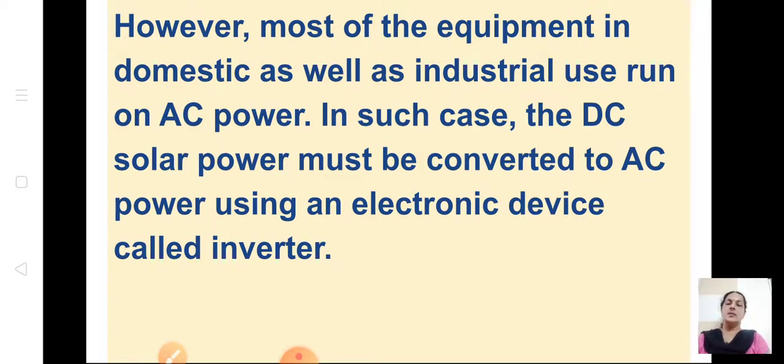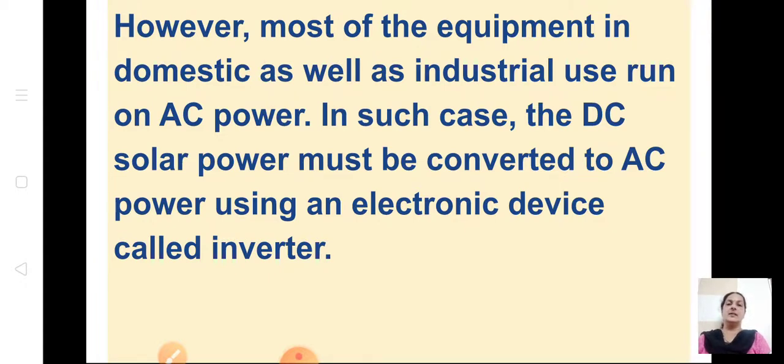All the equipment of our house as well as industry uses AC current, but when we get electricity from sunlight directly, it is in the form of DC current. Only in LEDs can you use it as it is, but in other equipment it has to be converted into AC current with the help of an instrument called an inverter.